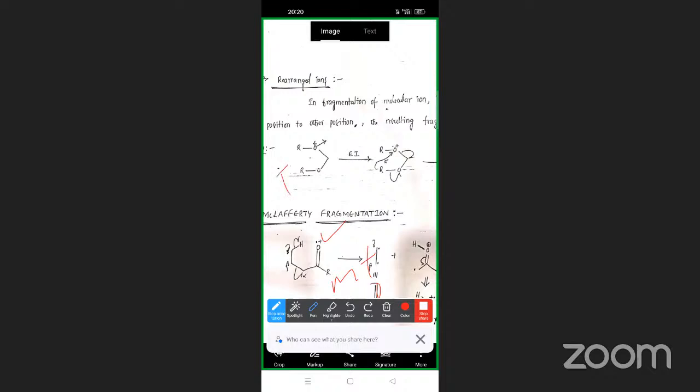The IP values for various electrons, we already discussed in the last class. The order of removal of electrons is: n electrons, non-bonded electrons, then pi electrons, then sigma electrons.